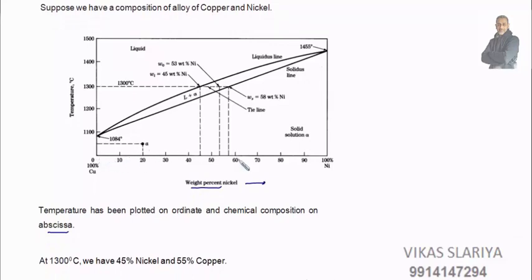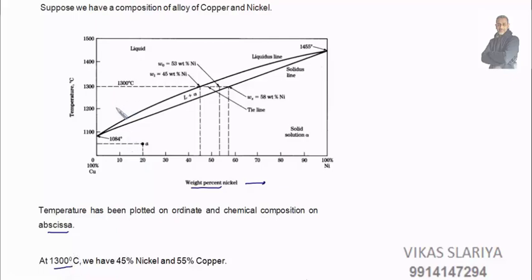If we see the abscissa, we have copper on the left-hand side at 100% and it goes on decreasing, whereas nickel is 0 on the left-hand side and it goes on increasing on the right-hand side.